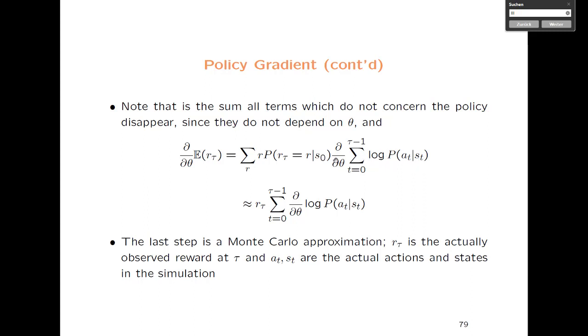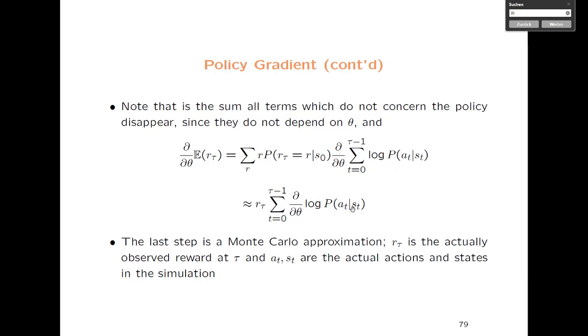And this can now be approximated by Monte Carlo, because this is a probability. We can simulate this. And we can approximate this by the observed return at time tau. And here we have a sum from 0 to tau minus 1 of the derivative of the log of the probability of the action given the state.